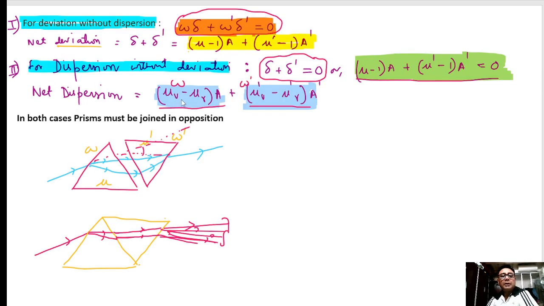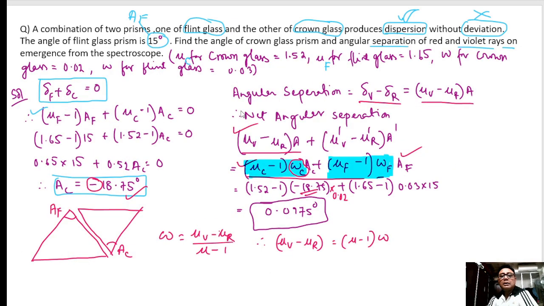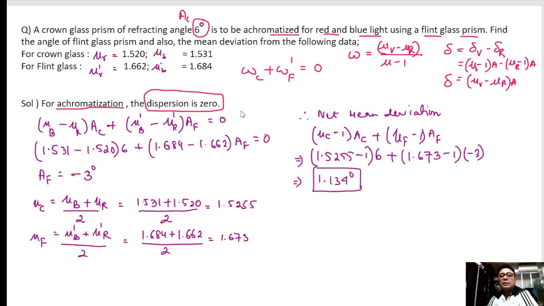This is our formula for net dispersion: mu v minus mu r into A, and mu dash v minus mu dash r into A. So keeping this, we are writing here this formula.